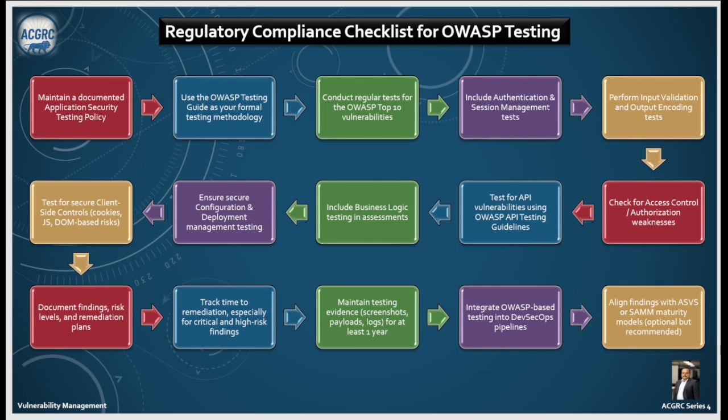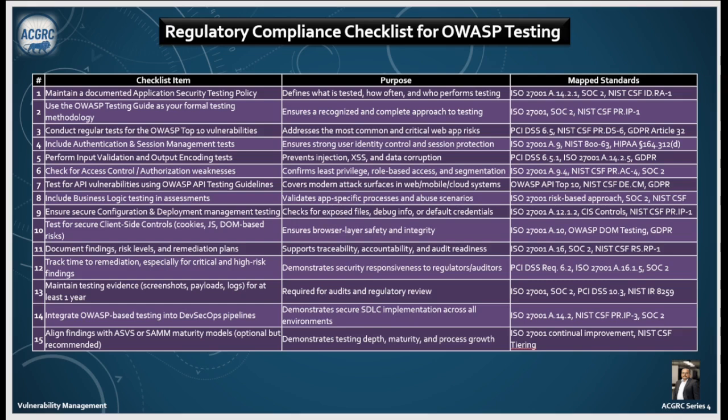Optional but recommended. So how to use this checklist? Well, use it to prepare for audits involving application security. Here is the workflow in a checklist, with purpose and mapped standards for your reference. Map the testing output from the OWASP testing guide to controls in 27001, PCI DSS or SOC 2.